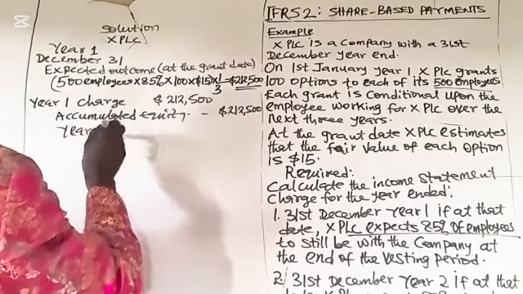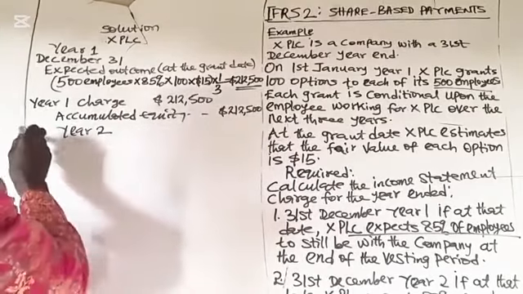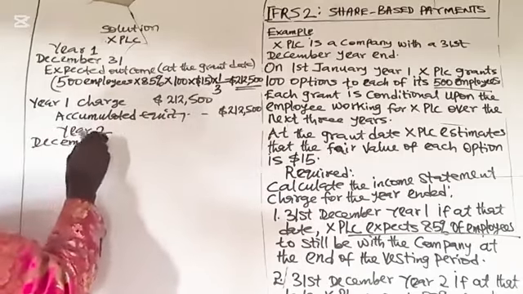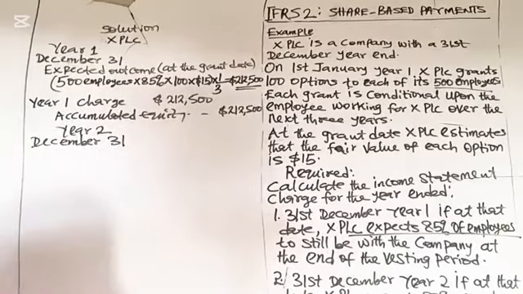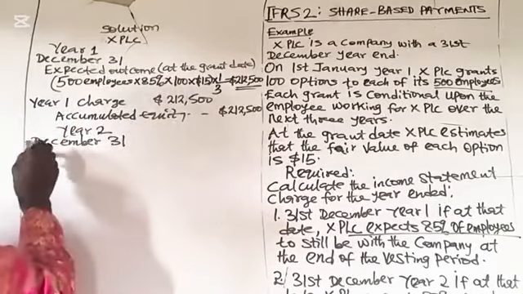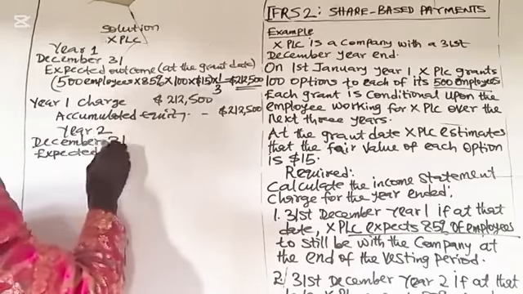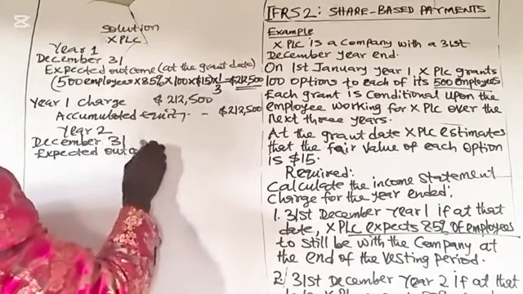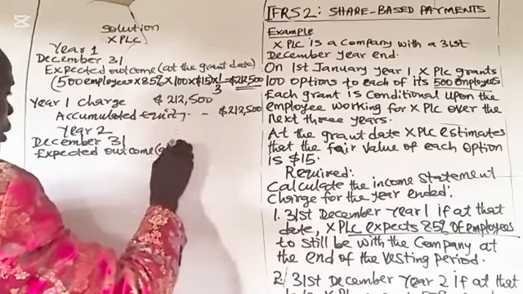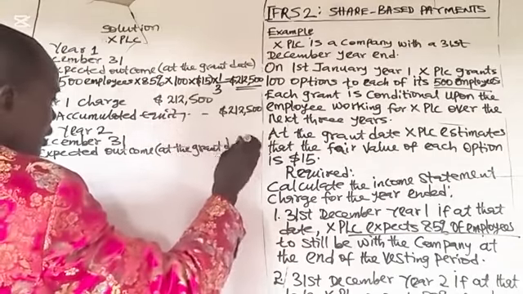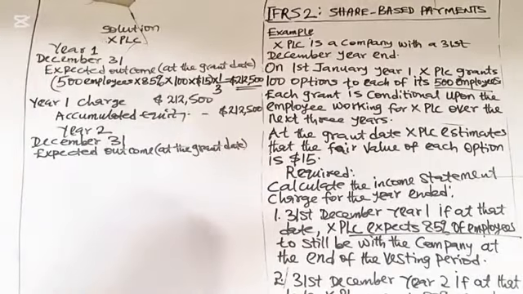Year 2. So we have December 31st, year 2. Expected outcome at the grant date. So, you have 500 employees.